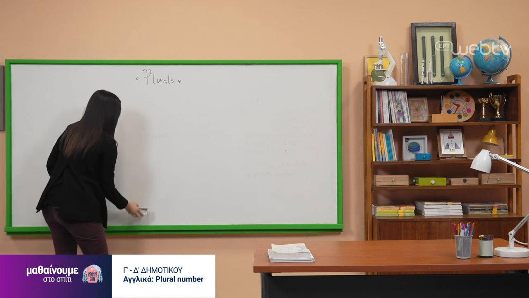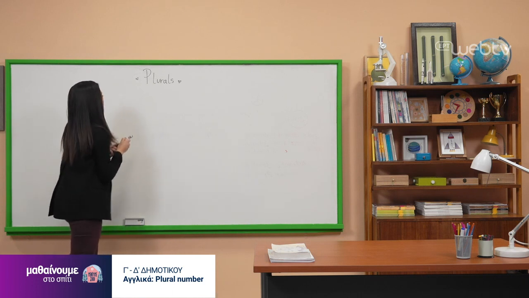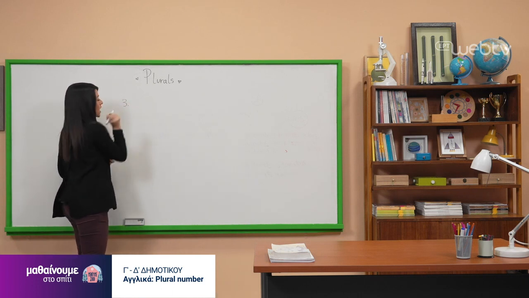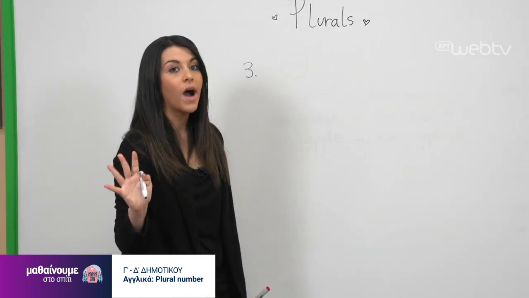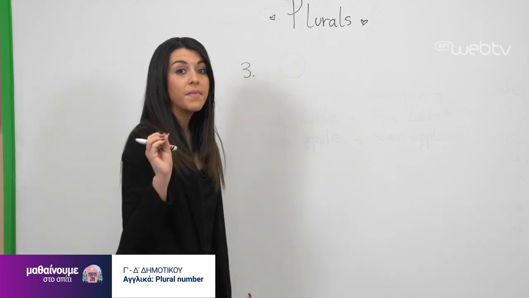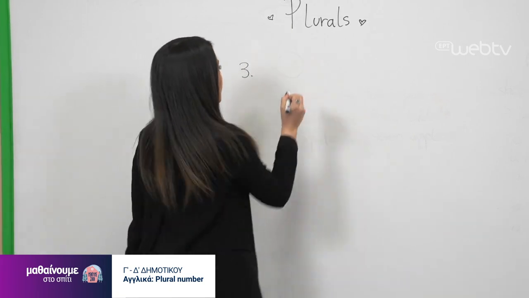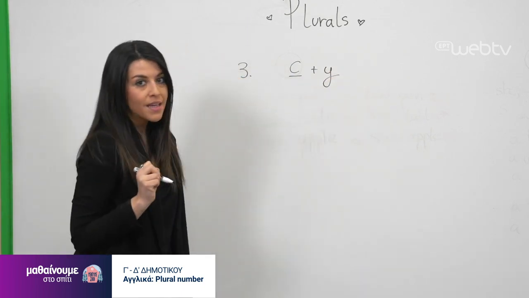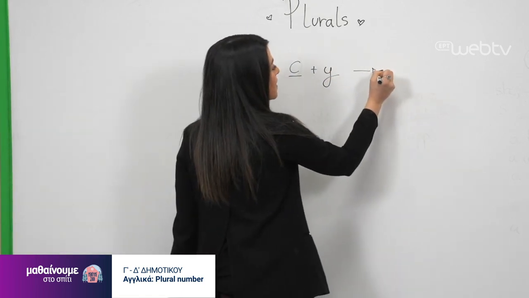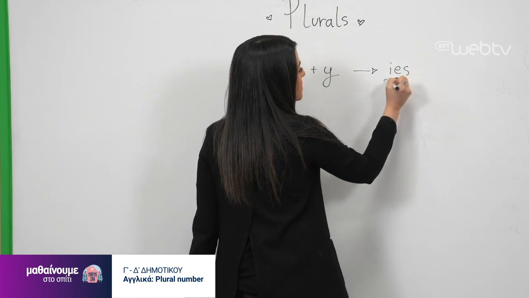So, number 3. When the noun ends in consonant and Y, okay, consonant, remember, is σύμφωνο. So if it ends in a consonant plus Y, okay, we put I-E-S.